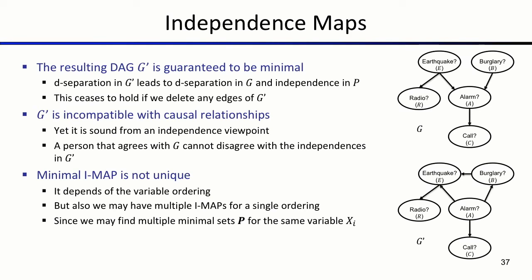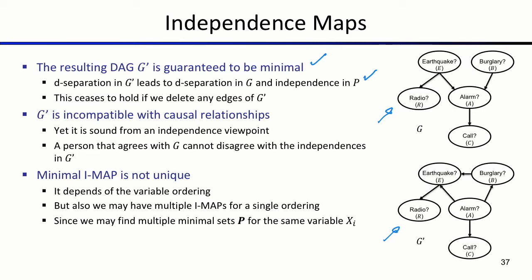So first thing is that the resulting graph G prime, so here is the G prime, is guaranteed to be minimal in terms of independencies. So a separation in G prime, as I found here, will lead to a d-separation here too in our causal graph, and also an independence in the probability distribution P. This holds if we delete an edge in G prime.